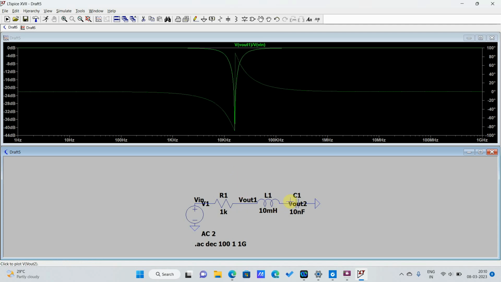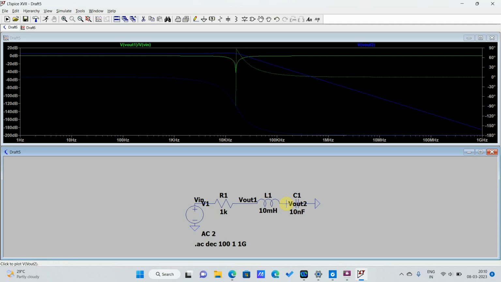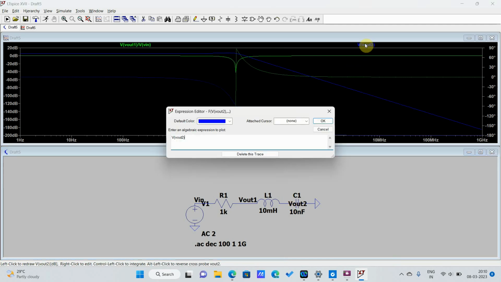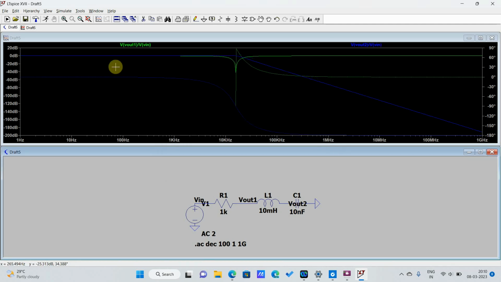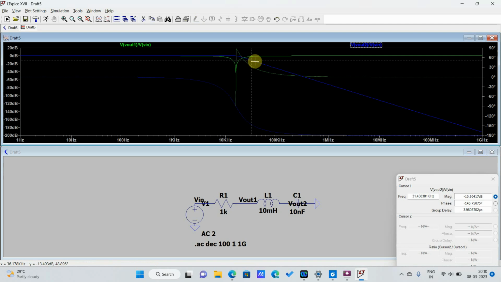Now let's take the case of V out 2. Okay, now again let's divide by V in here. For V out 2, it's the same as that of a low pass filter.